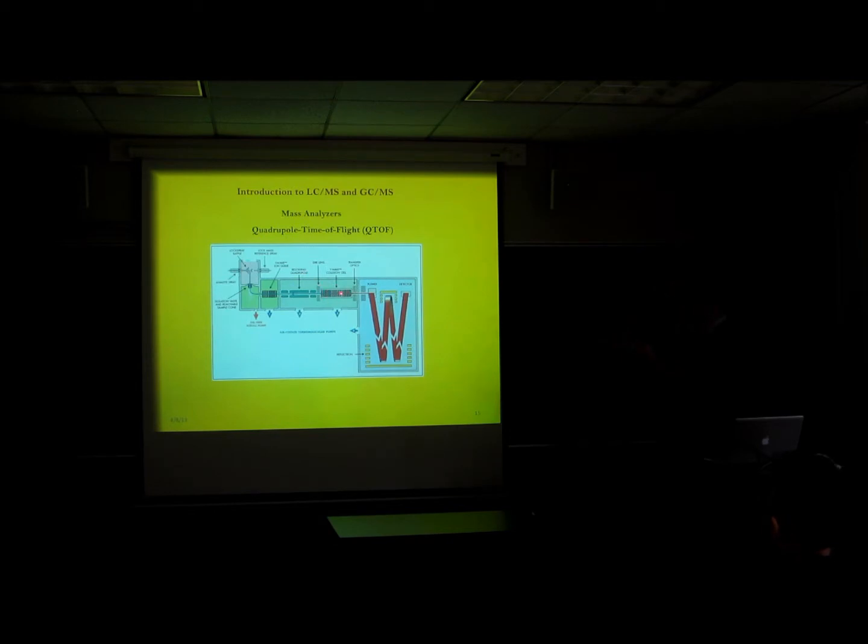And then go to a collision cell, break that into pieces, and get high mass accuracy measurements of analytes using the time-of-flight mass analyzer. So similar to a triple quad in terms of what you can do, and being able to do LCMS and MSMS, but high mass accuracy, both for the precursor ions and for the daughter ions.